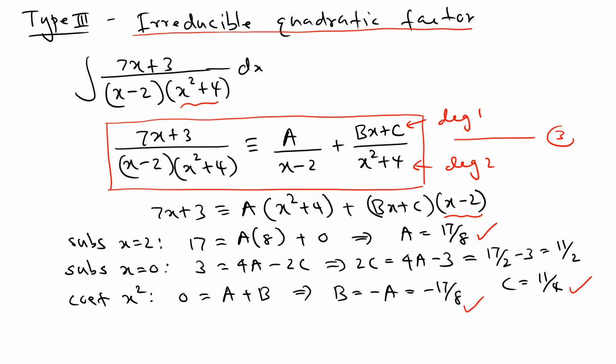Now what we can do, we can substitute and finish the problem. So let's substitute those three now. So that means the integral is going to be 7x plus 3 over x minus 2 times x squared plus 4 dx. So we can write the coefficient first.